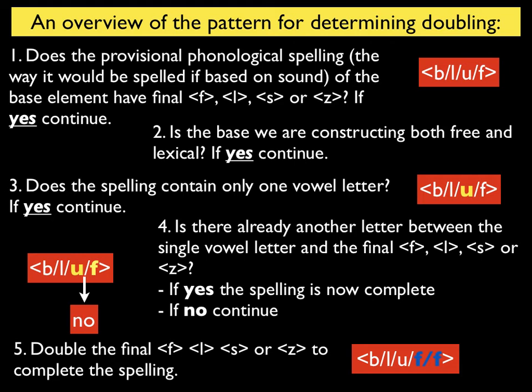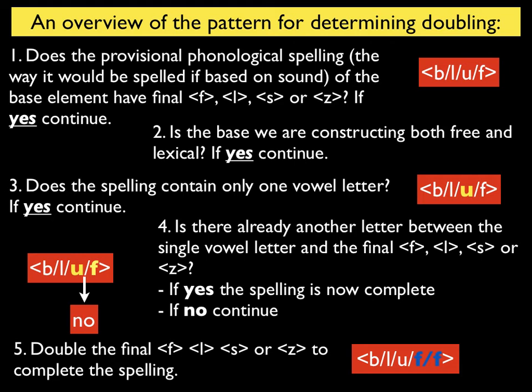So we can keep going. Does the spelling contain only one vowel letter? It sure does. There's that single vowel U in the word bluff, so we continue. Is there already another letter between the single vowel letter and the final F, L, S, or Z? Oh, sorry, I read that wrong.